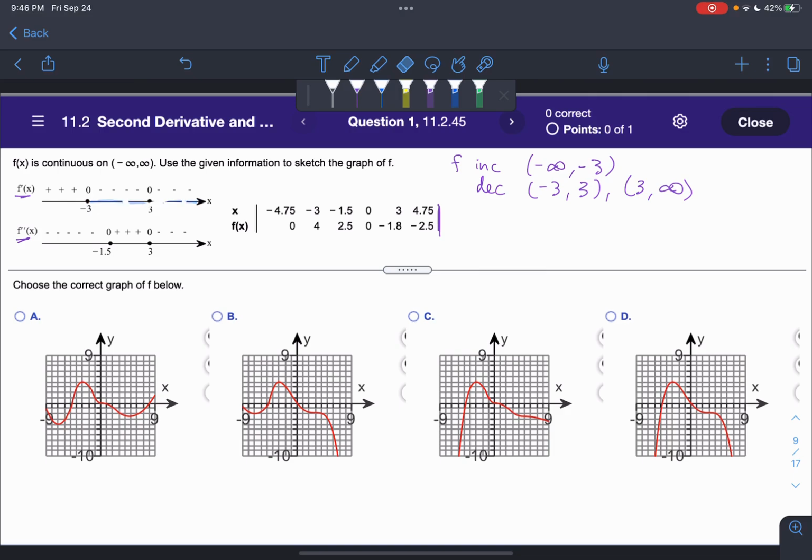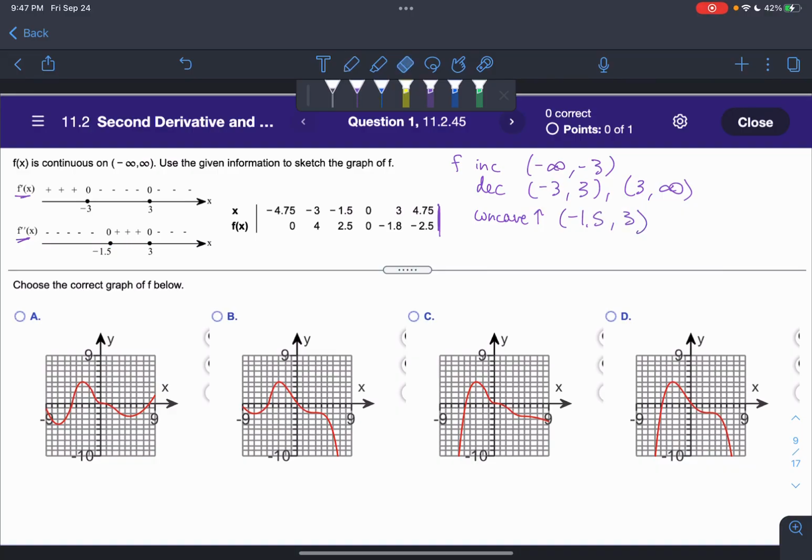Now let's look at our second one about the second derivative. My second derivative is positive in between negative 1.5 and 3. So that means my function is concave up. It will be concave up between those partition points.